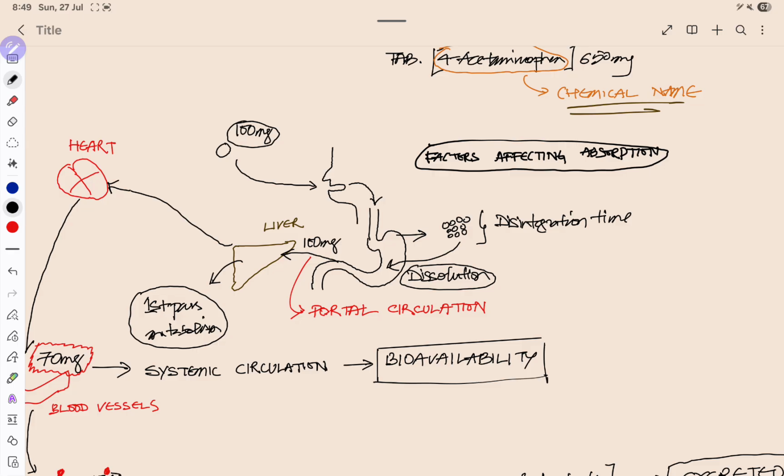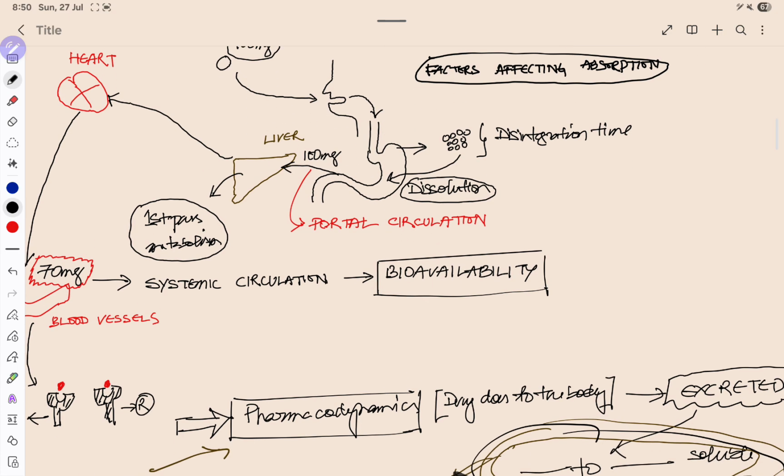The smaller, the better. Then stability or ionization. Non-ionized means uncharged form. Uncharged means lipid soluble, easily absorbed. Then the dosing pattern or the dosing formulation used, like liquid is absorbed faster than tablet and all. So some of the factors that affect absorption are more important than the others, but this itself you have to prepare a short note.